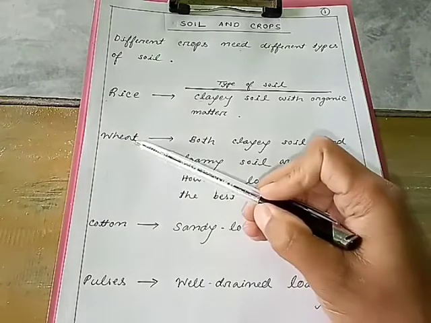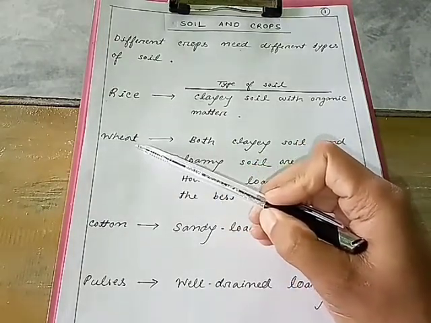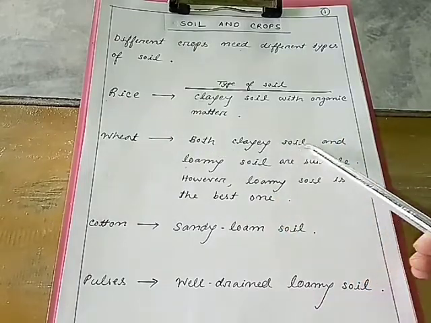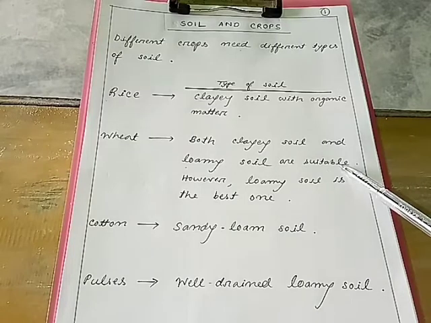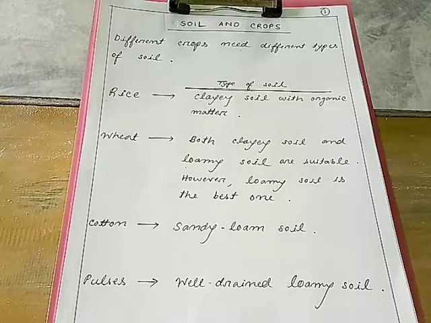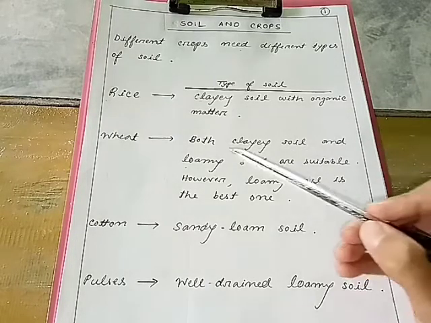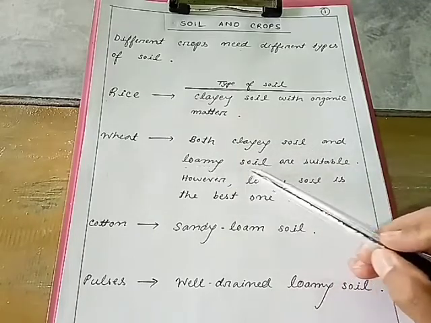If we talk about wheat, both clay soil and loamy soil are suitable to grow it. Wheat also needs more water, and more water can be held only by clay soil and loamy soil.